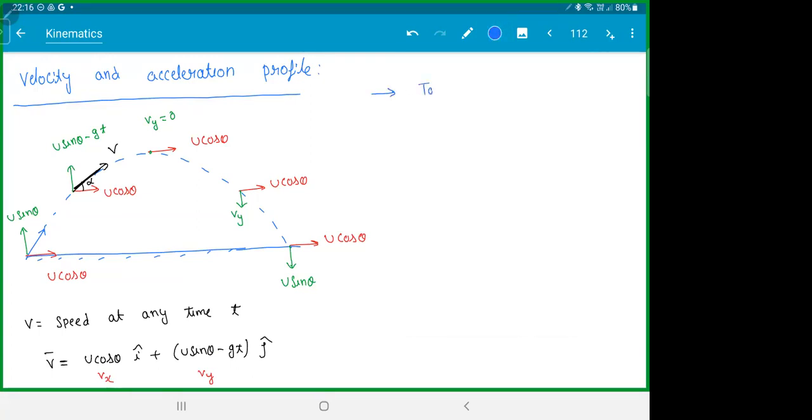So from here we can get the angle, tan alpha, which is nothing but v vertical by v horizontal, which is u sine theta minus gt by u cos theta. And we also know the horizontal component vx, u cos theta, is equal to v cos alpha. The horizontal component always remains constant. Alpha here is the angle made by the velocity with the horizontal.